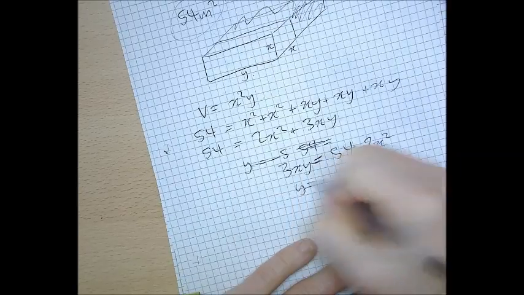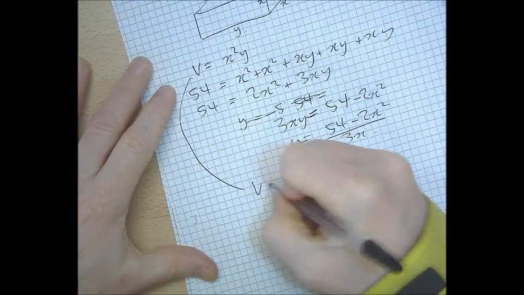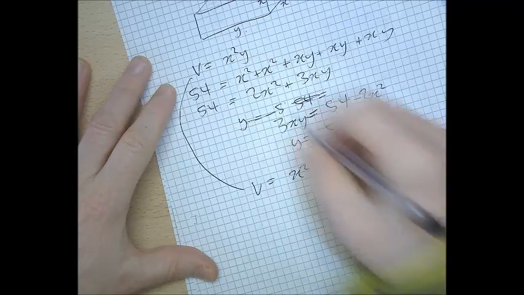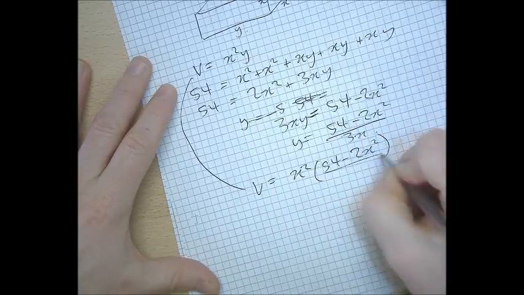So y equals 54 minus 2x squared over 3x. Now, volume therefore equals x squared, not y anymore, but rather 54 minus 2x squared over 3x.